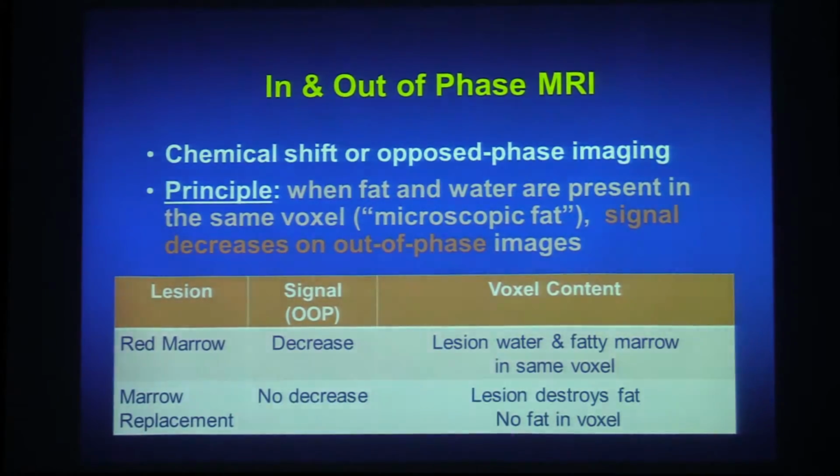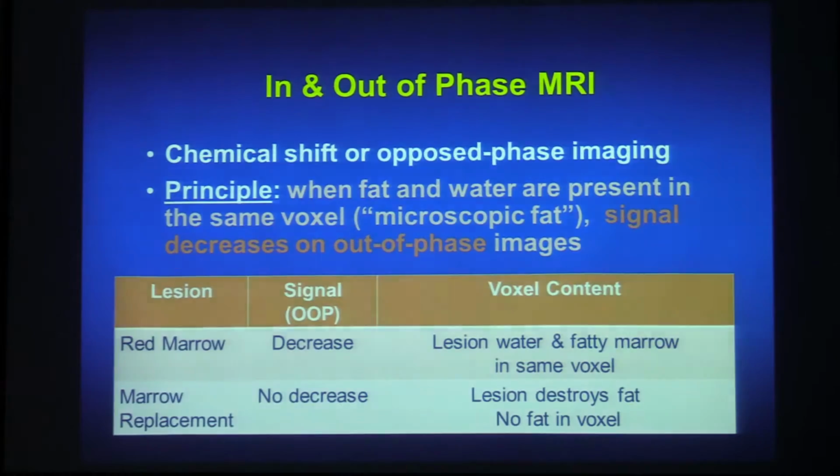If you reach this point and there's still some question, it can be useful to perform in and out of phase MR imaging. Some people call this chemical shift or opposed phase imaging, and if you do body imaging, you may be familiar with using this technique to look for fat in adrenal adenomas or to look for fat in the liver. And the principle is that when fat and water are present in the same voxel, some people call this microscopic fat, then the signal will decrease on the out-of-phase images.